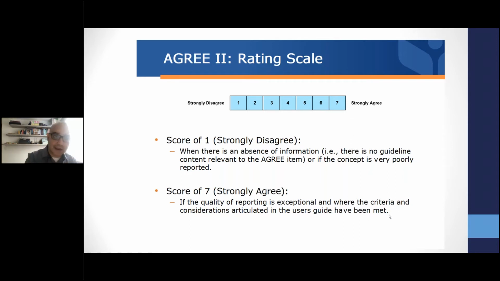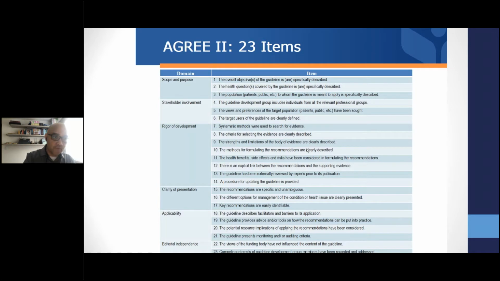If we can go back one slide, please, sorry. That means that even though we score each one of the items, for each domain we get a final score. For instance, for scope and purpose, which is the first domain, we have 3 items. We get a 1 to 7 score for each one of the 3 items. But at the end, we put everything together and we get a final score that is a percentage that goes from 0 to 100%.